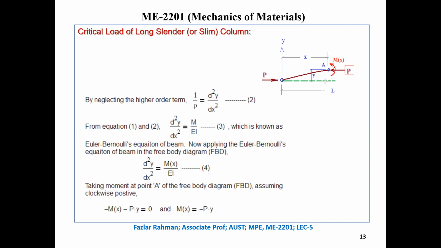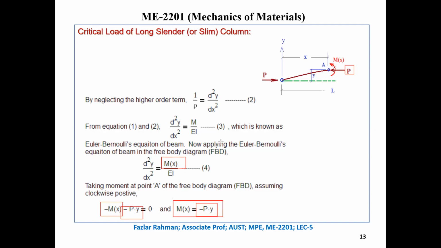For this P into y, it rotates clockwise. I'm sorry, anti-clockwise. So this is negative. P into y is negative right over here. And Mx is also in the same direction, so both negative. So I'm saying minus Mx minus Py equal to 0. Now we are getting Mx equal to Py.